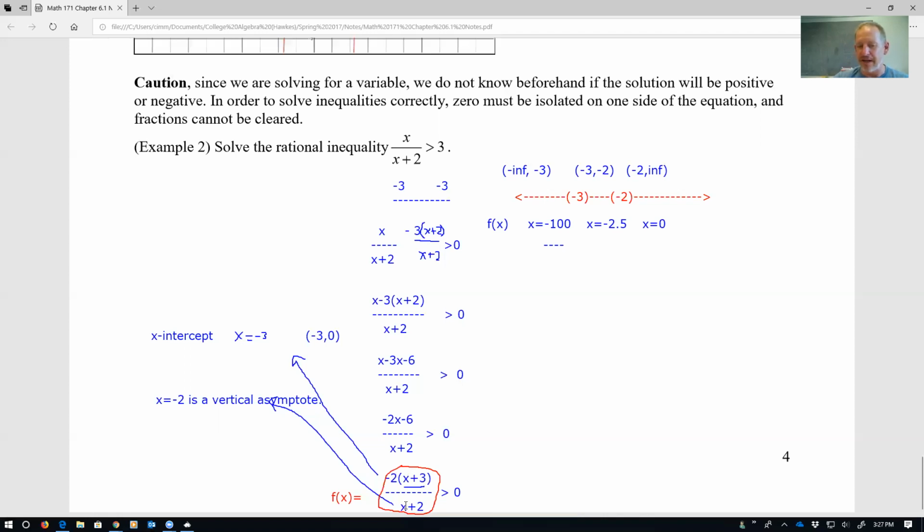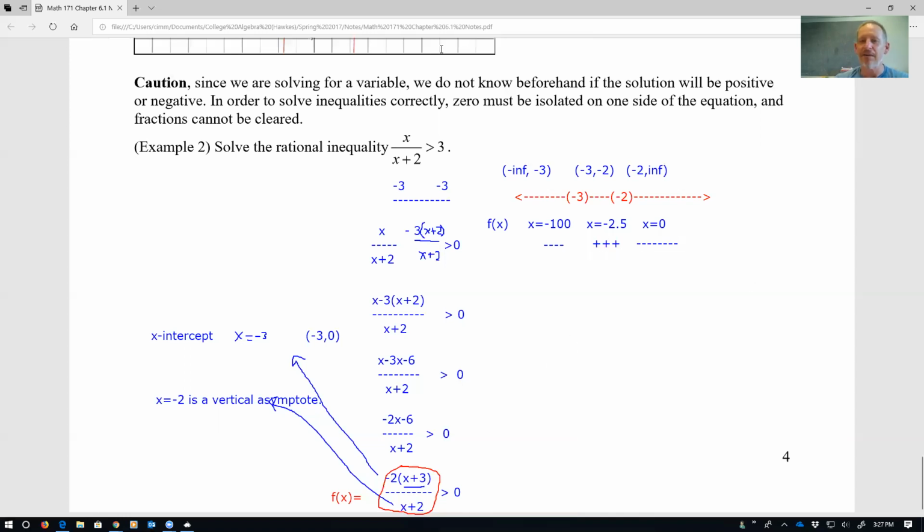But on the bottom, -2.5 minus 2 is negative, so negative over negative is actually positive. So it's going to be positive in between there. Finally, if I plug in 0, I get -2 times 3, that's negative, over 2, which is positive, so it's going to change to negative over here.